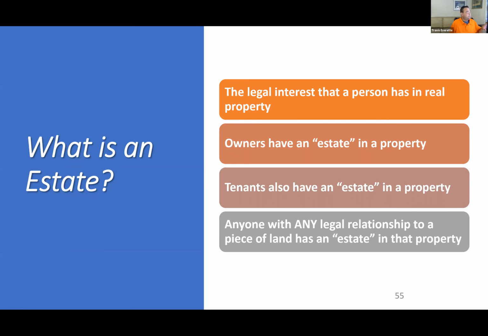If I see somebody living in a property, I know they have an estate in that property. Does that make sense for everybody? Here's how I know they have an estate in that property. They're there. They live there. They have a relationship to that property.